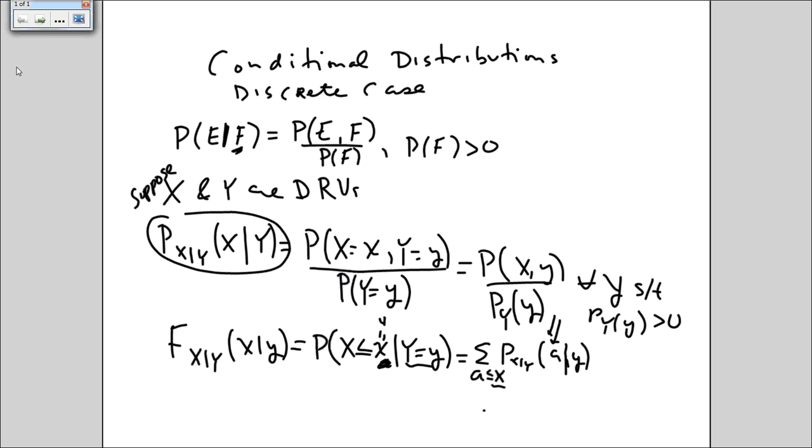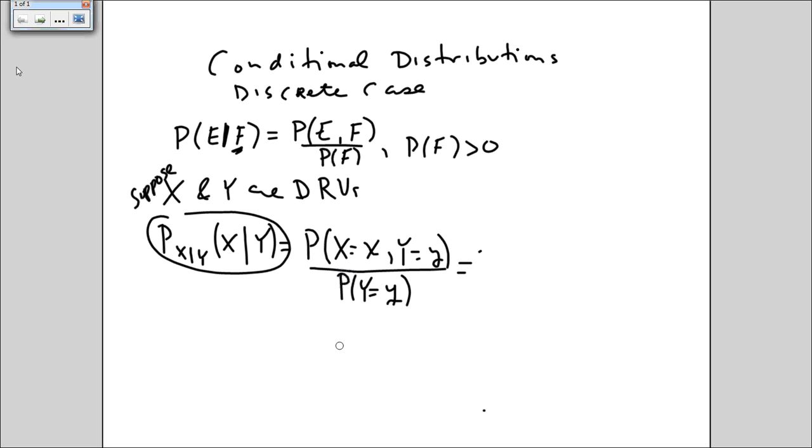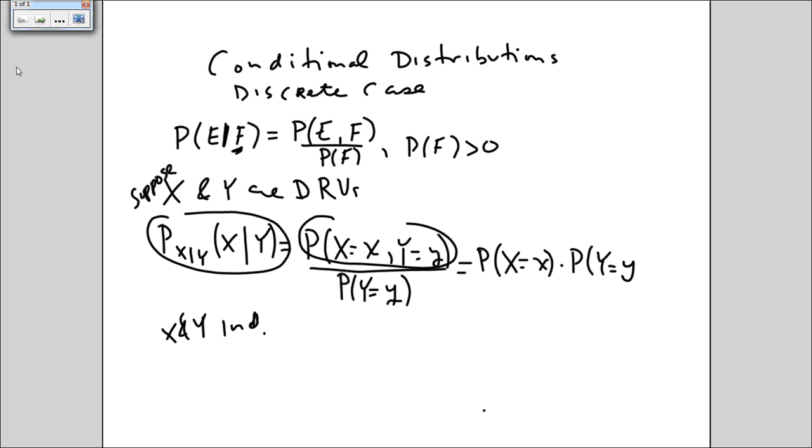Now, what if X and Y are independent? Suppose we are now given X and Y independent. Well, the numerator will just be the probability that X equals little x times the probability that Y equals little y, divided by just what it says, the probability that Y equals little y.